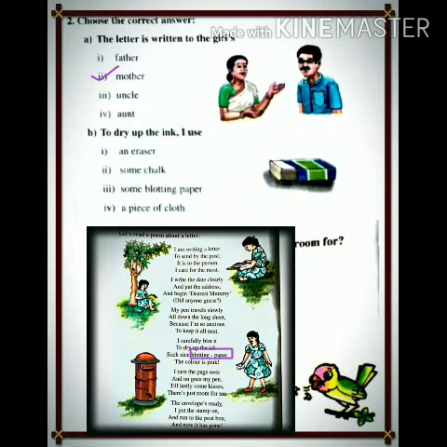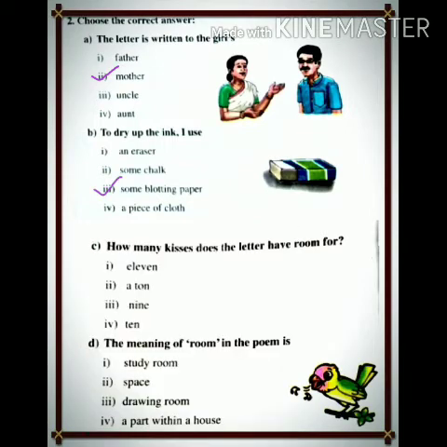Here, look at the words blotting paper. It means the girl blotted the ink with some blotting paper. Okay? So the answer for question B is option 3, some blotting paper. Take option number 3.